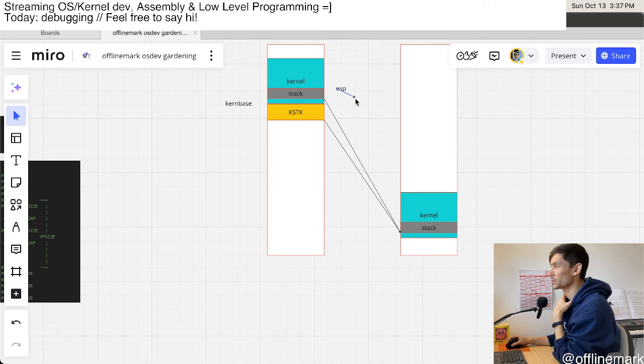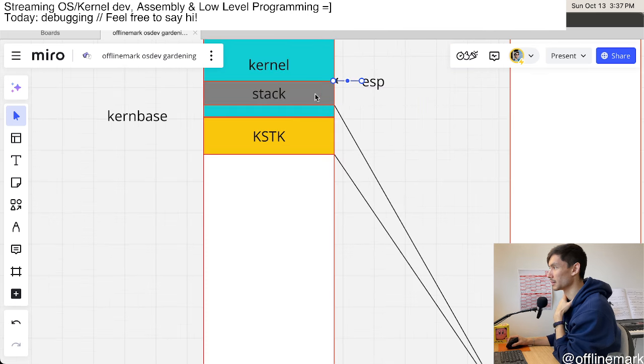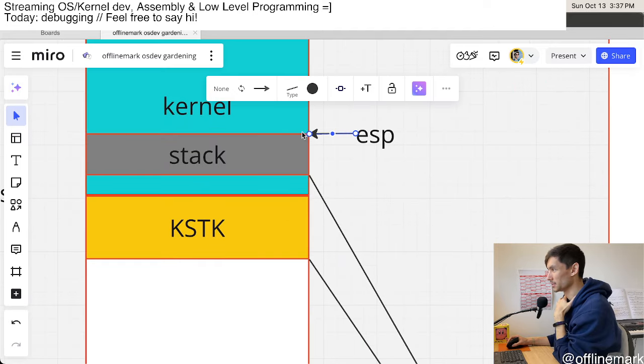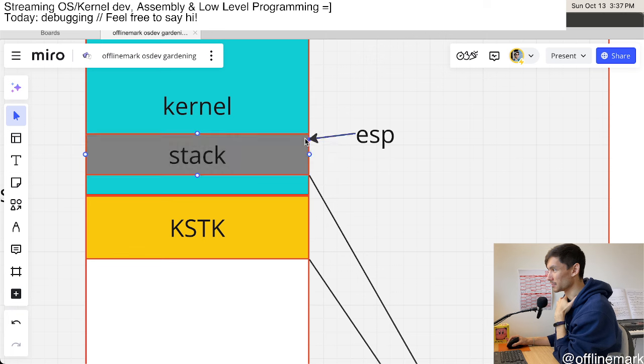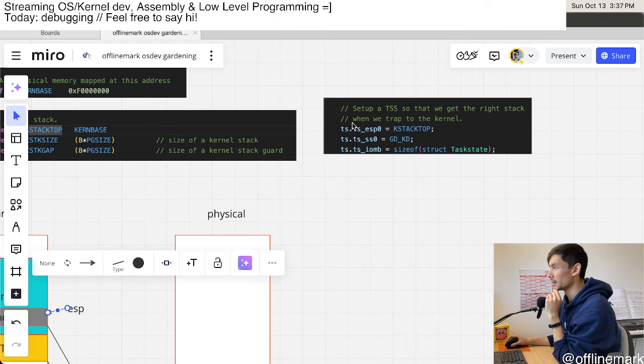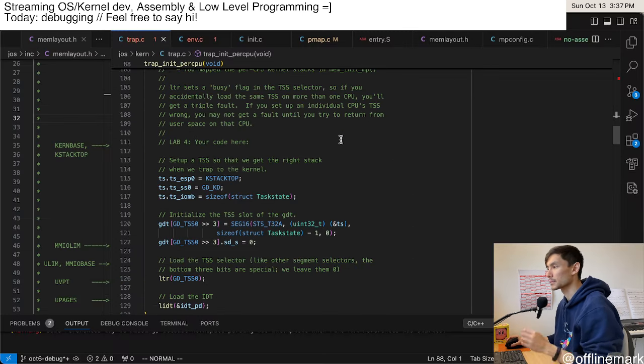And then we switch into C code and point it up here, and we run our stack from here. I think we do that for a long time, until an interrupt or exception happens. Initialize the TSS slot of the GDT.